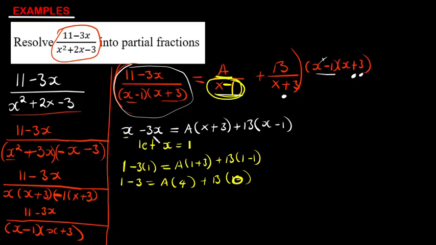So in here, if you look, you have 11 here, not x, sorry. So this is 11, and 11 minus 3 gives 8 equal to a times 4.